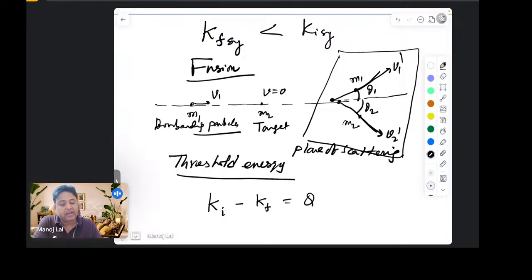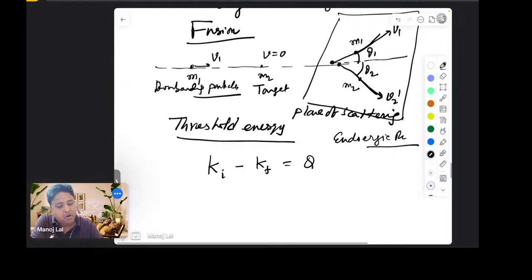Or I can say K final minus K initial is minus Q, because I am talking about an endoergic reaction. What I am saying is that the kinetic energy of the products is more. Then the initial kinetic energy should be Q plus K final.